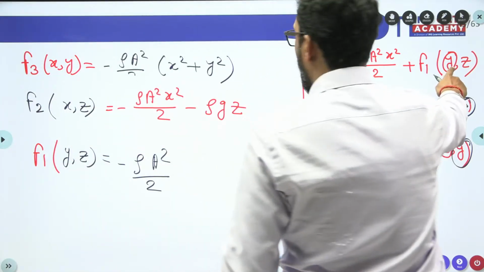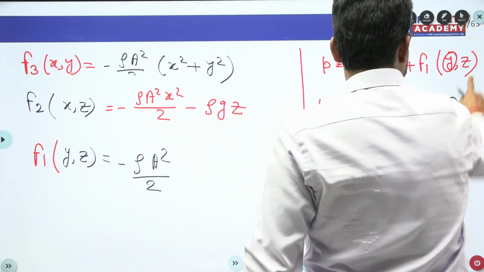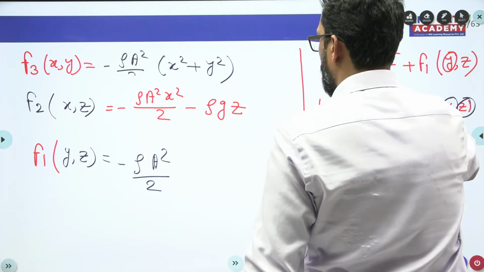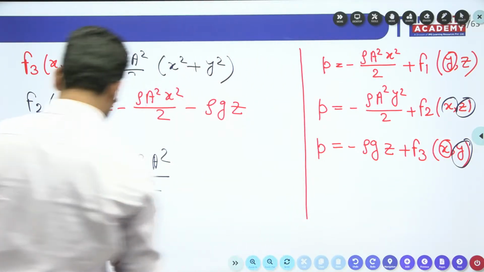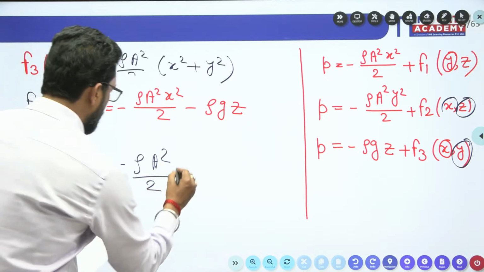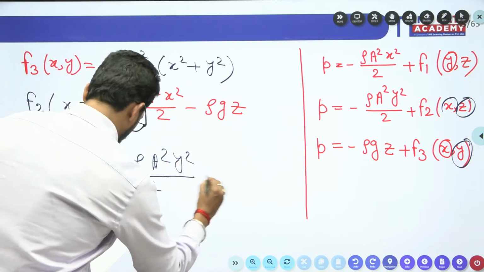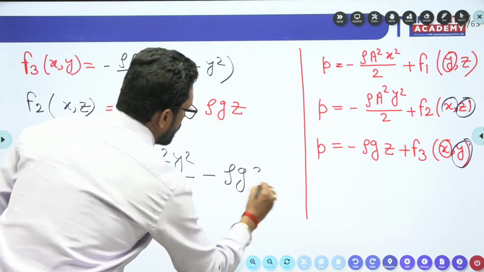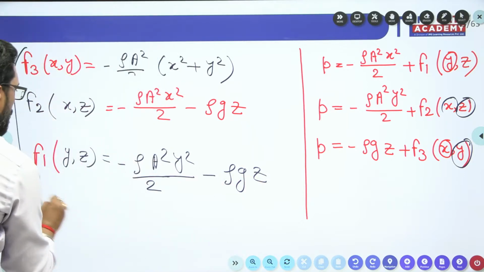This is F1, YZ. This equation is F1. F1 is this one: Y square minus rho G Z. So you have to find F1, F2, F3.